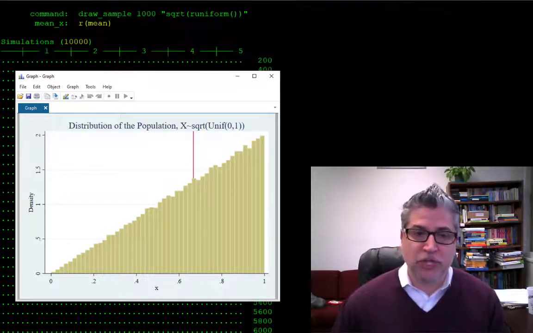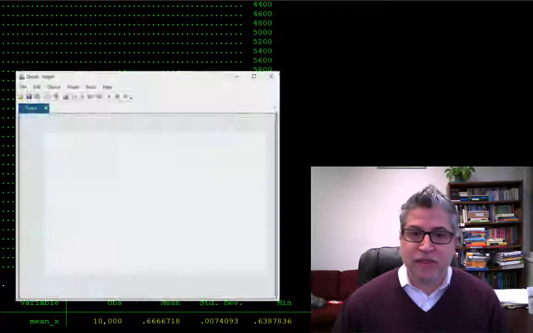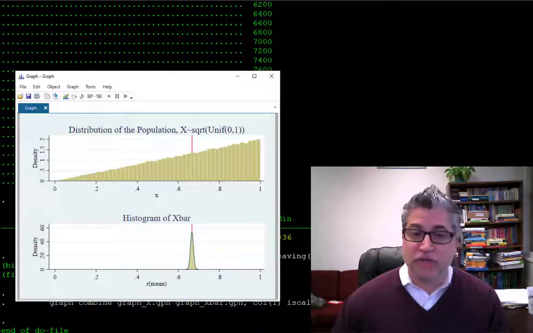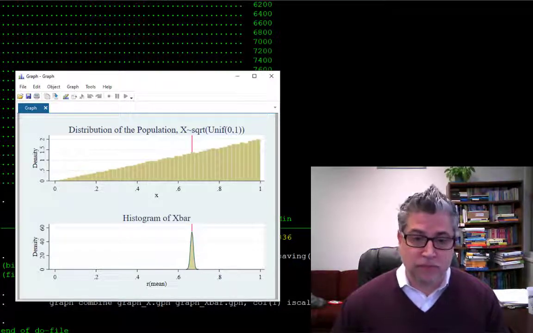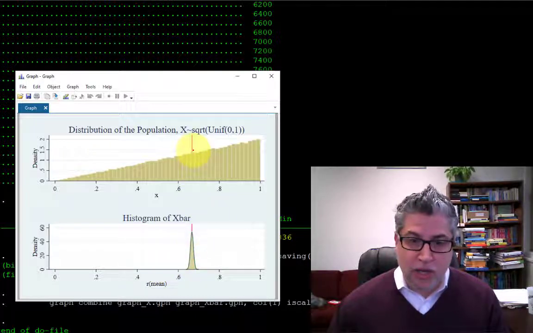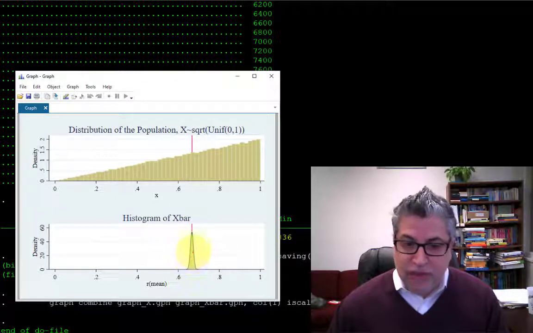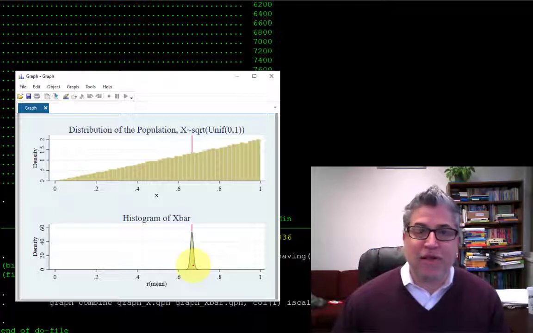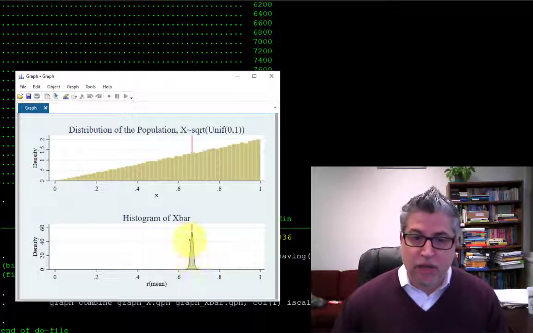So I run my simulation. I'm drawing 10,000 sample averages, each of size 1,000. My distribution of x bars is again right on track. So it's collapsing around that sample average. So the range of all the possible sample averages we could have taken, at least it's on average correct.